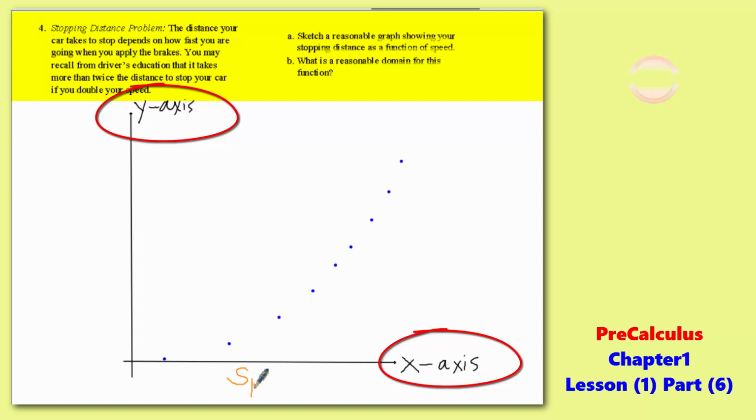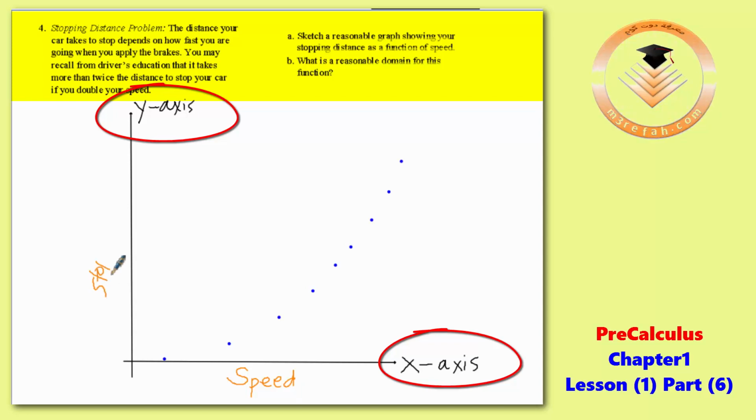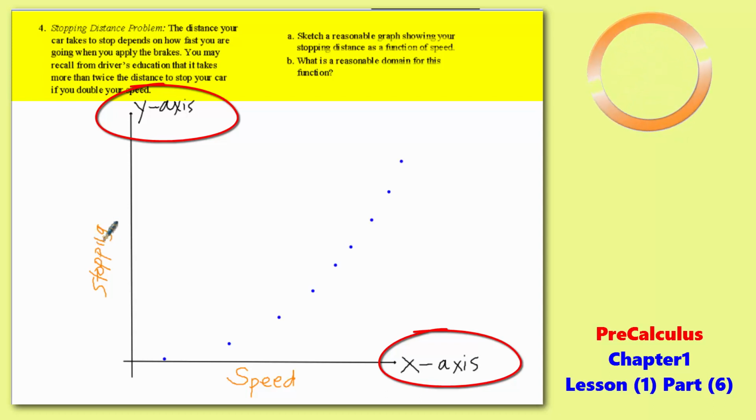The speed. And this y-axis here represents your stopping distance.